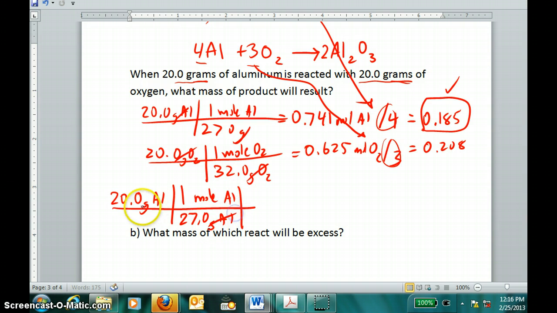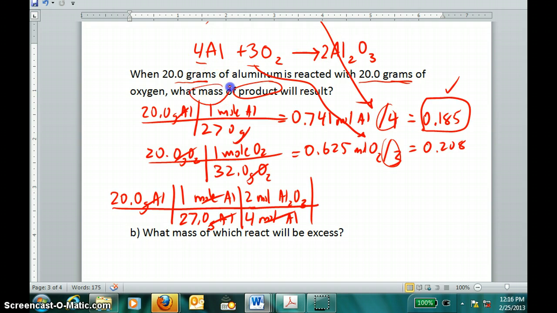And now I can do the stoichiometry, because for every 4 moles of aluminum, I should produce, I want to know product, 2 moles of aluminum oxide. So 2 moles Al2O3 for every 4 moles Al. And now I have successfully converted from aluminum to aluminum oxide using the balanced equation.